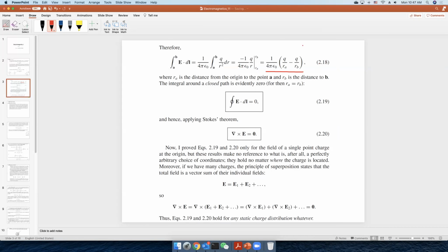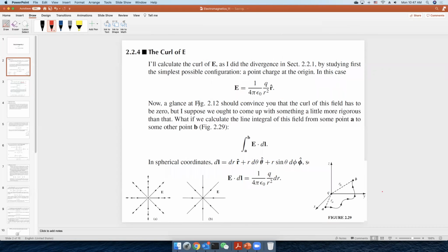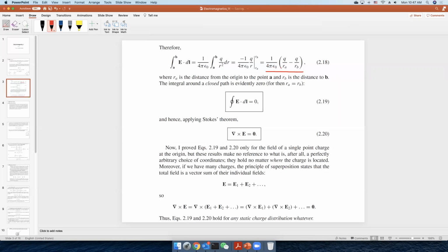It's just a normal integral. So let's look at this equation. What did you find? You will see the line integral, even though it seems to depend on path, for example, in this figure, you choose a path from A to B in this way. However, once you calculate the integral, you will find at the end, it's independent of the path.